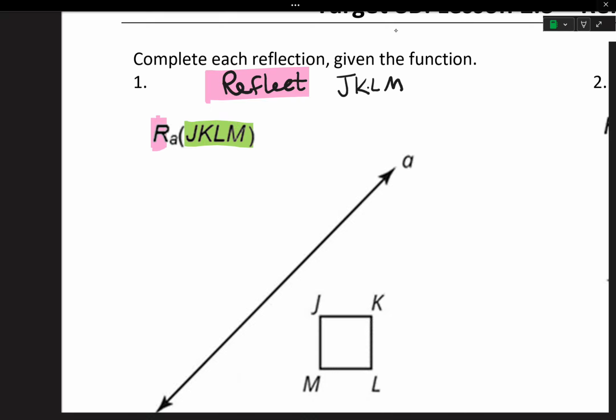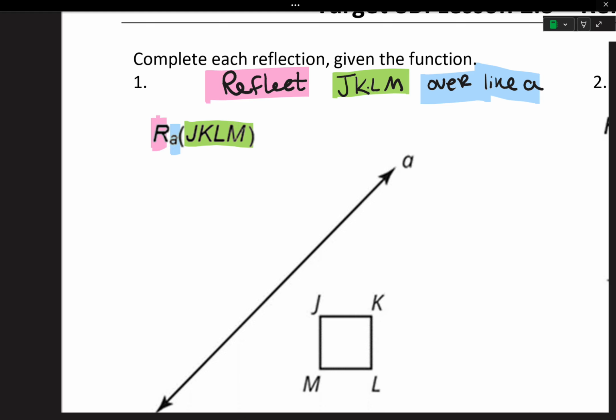And you can see that's a square right there. And we are reflecting it over line A. As you can see, there's the line A drawn for us. Okay, perfect. Let's do it.